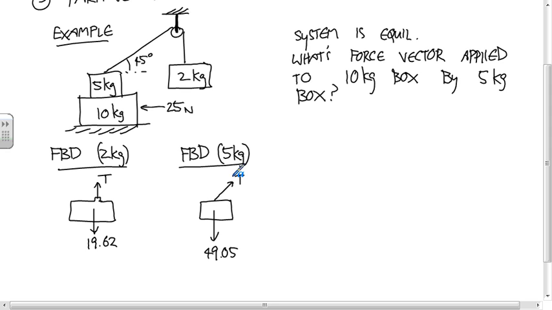I was talking about this to a couple of people after class yesterday. For our purposes, the only reason to break up the contact force between these boxes into a normal force and a friction force is if you know the coefficient of friction. That's not something we're going to be dealing with in these, so it doesn't help to say this is the friction, this is the normal force. They combine to create a force vector, and I'm just going to call that the force on the 5 by the 10.